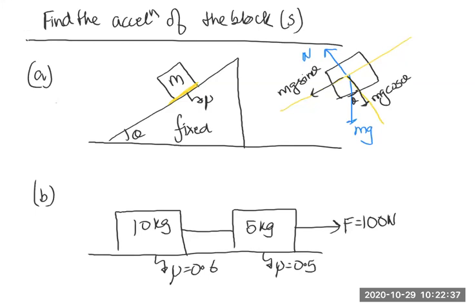So I arrive at the conclusion that F applied is equal to mg sine theta. Okay, so F applied is equal to mg sine theta. This means that the friction will be in this direction.